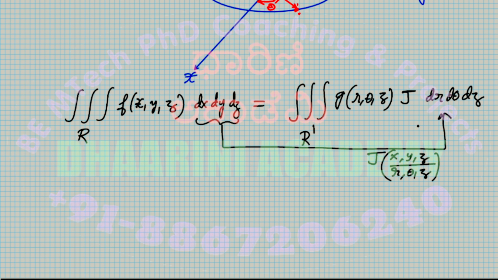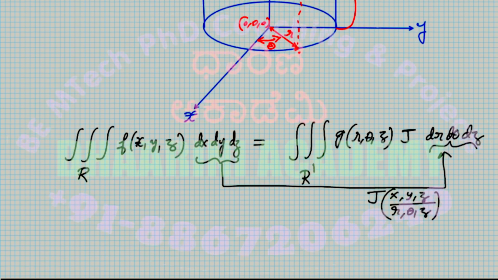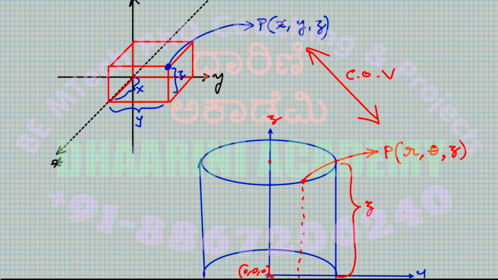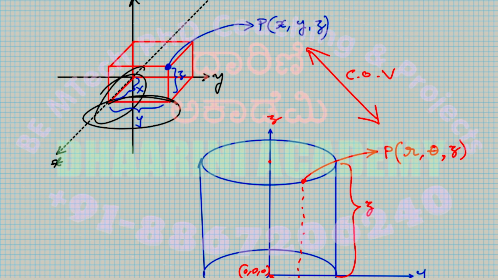Okay, this is the one which helps you in the conversion. So first of all I need to understand what this J is, how do I write J. But let's look at the representation once again. X is the distance along the x-axis, y is the distance along the y-axis.